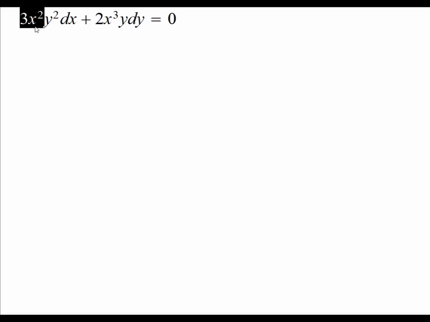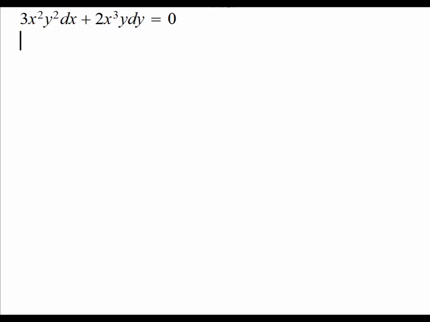See this 3x squared, that's the derivative of x cubed, right? And this portion, 2 times y here, is the derivative of y squared.